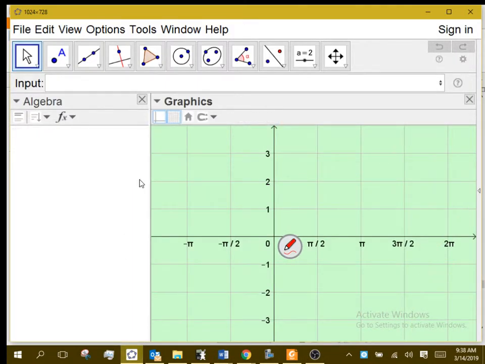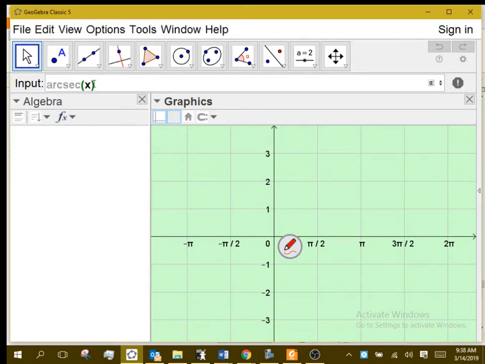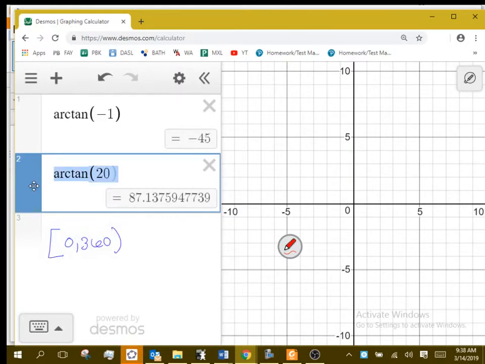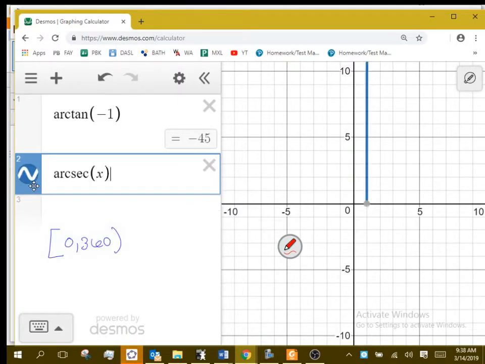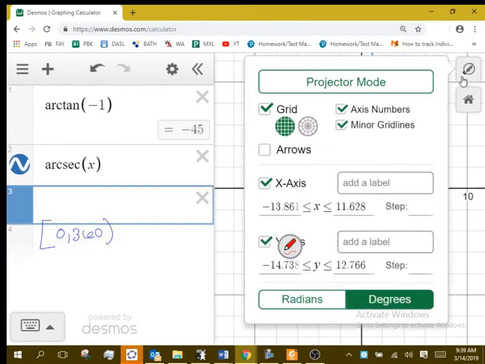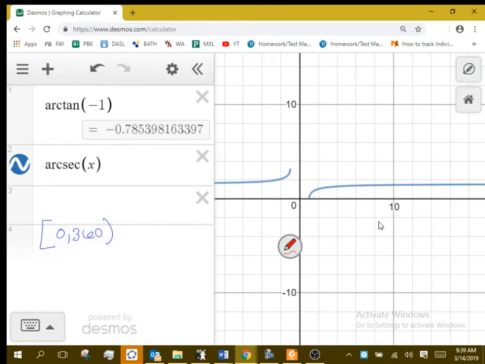For instance, if I'm interested in the arcsecant of x, okay, there's my arc secant.